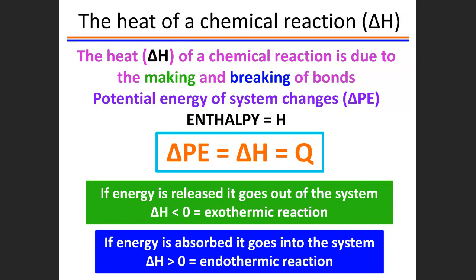So whatever the total energy, we call the total potential energy, and the total heat of a chemical reaction that happens due to this making and breaking of bonds is also called enthalpy, H. And now if you look here, the total potential energy equals enthalpy and equals Q.